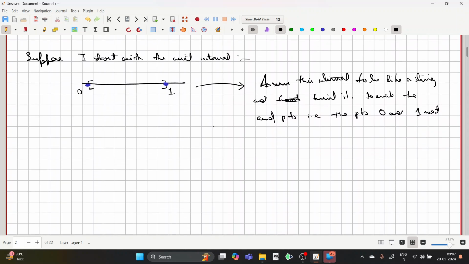So what I am doing is bringing this part here, bringing this part here, making them meet. So I should basically get a circle, right? I should basically get a circle with this point being 1, identified with 0 as well. Clear? Okay.